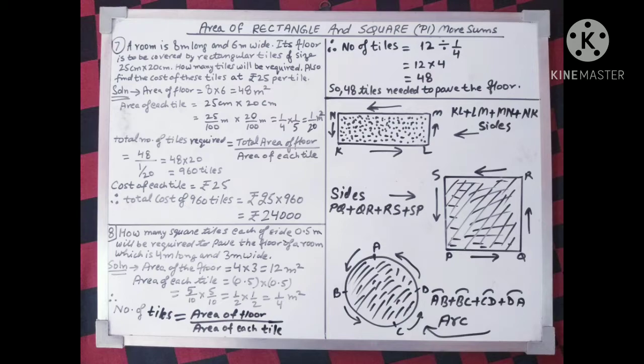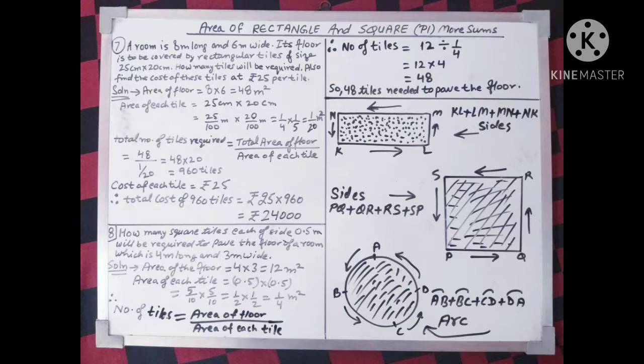Now here the area is in meter square and we are given the dimension of this tile in centimeters. So we will convert these centimeters into meters. In order to convert centimeters into meters, you just divide by 100 because 100 centimeters is equal to 1 meter. So 1 centimeter will be equal to 1 by 100 meters.